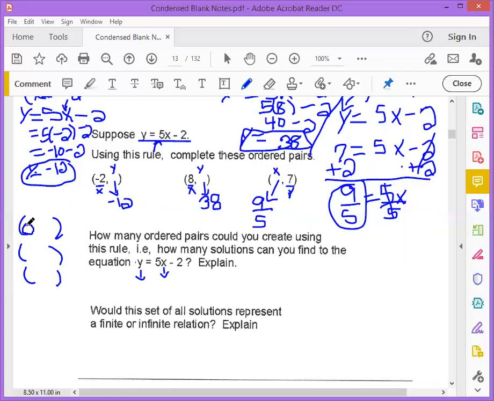We can substitute any number for x or any number for y, and then determine what the other coordinate would be. That list can go on and on forever. There's infinitely many options. We can plug in any number for x to solve for y, or any number for y to solve for x. So there's infinitely many solutions that we could choose.